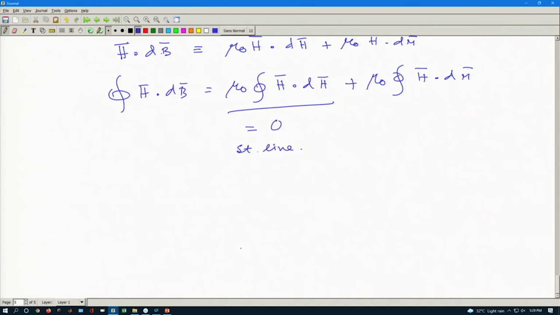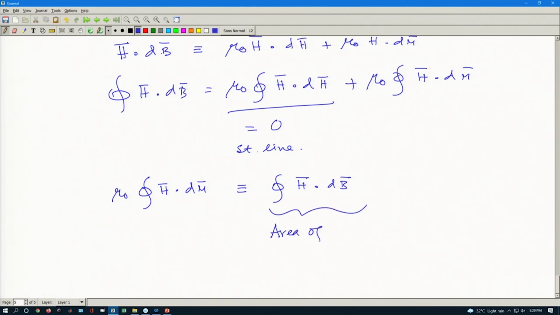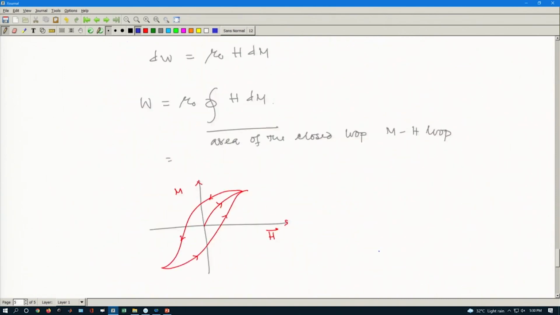So, this simply gives 0. Then the value mu 0 H dm we are having is equivalent to the closed integral H dot dB, which is the area of the BH loop. So, you can also calculate the same thing by calculating the area of the BH loop. In many cases it is written this way, which is why I calculated and showed that in both cases you are calculating the same thing.